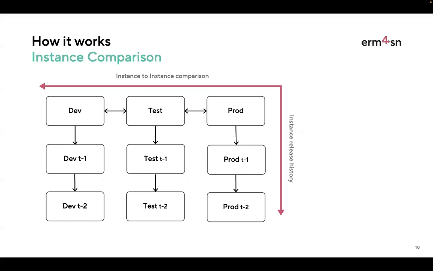But what we also can do is, ERM4SN is keeping the history of the changes in the database. So we can also compare Tokyo with the version before you made the last modification. So we have those two dimensions which we can use to display changes or discrepancies over versions or time.